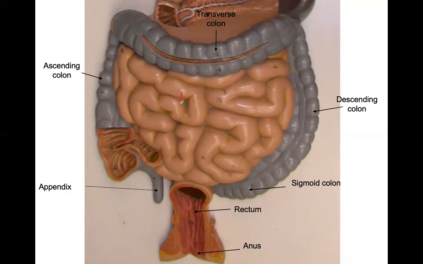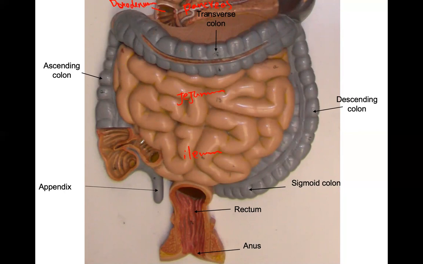So up here would be the duodenum, and down here would be your ileum. I'm just helping you identify everything on one picture. You'll have your pancreas up there, and this tube that the pancreas connects to right here would be your duodenum.